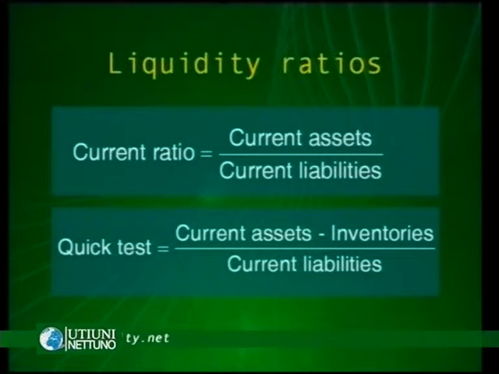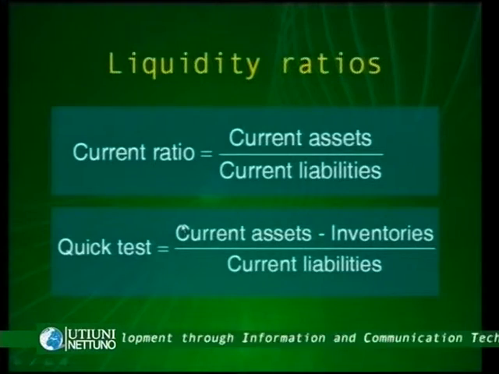The current ratio is the ratio between current assets and current liabilities. The current assets and current liabilities of a project at a given moment in time can be drawn from the projected balance sheet that we have discussed in the previous class. And this ratio gives us a very important information.